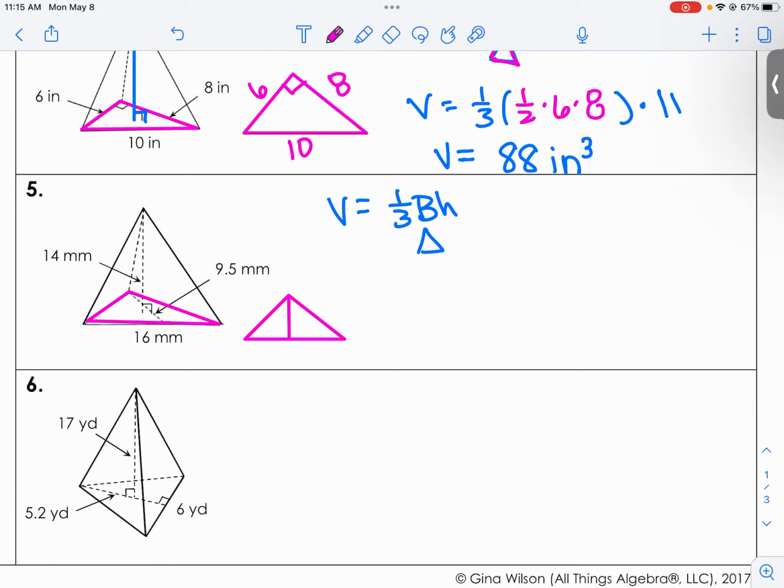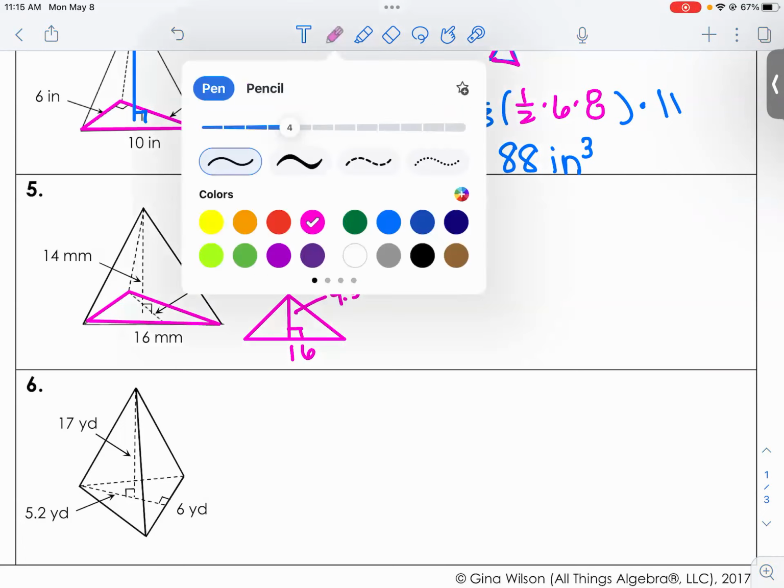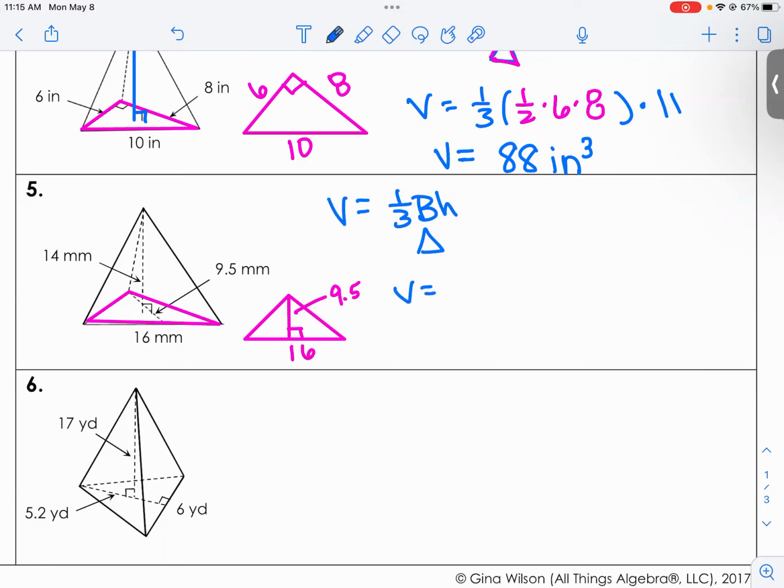Okay, when I redraw the triangle, it looks like this is 9.5 and this is 16. So do you have the prism height as 14? Do you have the triangle as 1/2 times 9.5 times 16?